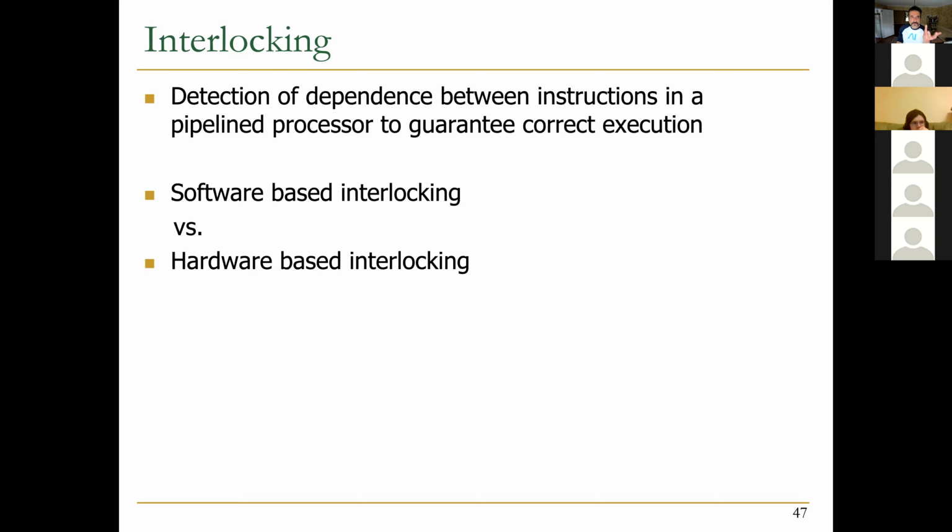In terms of solution, there are different approaches that have been proposed and implemented, both at the software level and the hardware level. These are known as software-based interlocking and hardware-based interlocking, which is where the MIPS acronym comes from.